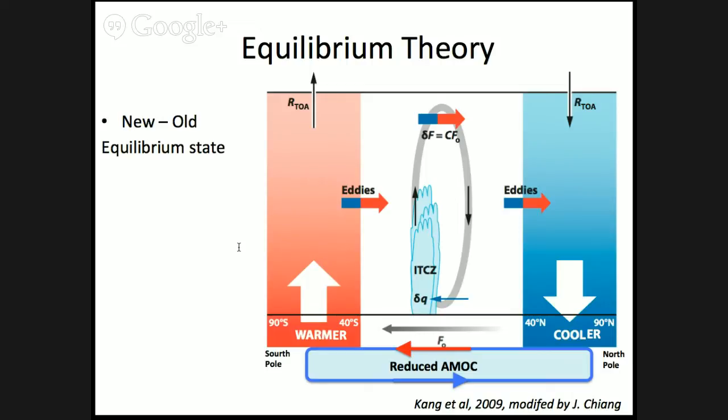So people have proposed different schemes to explain the teleconnection between the regional freshwater hosing and the global climate response. This schematic figure is showing one of the mechanisms.